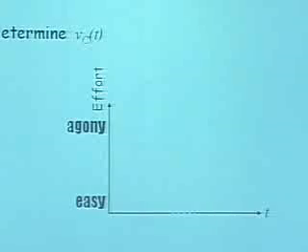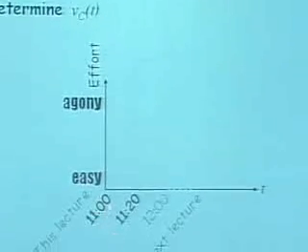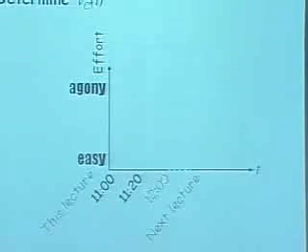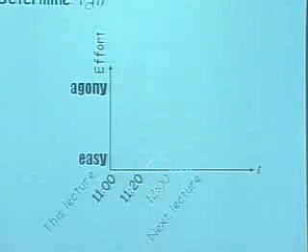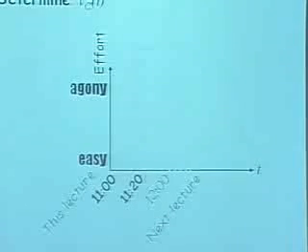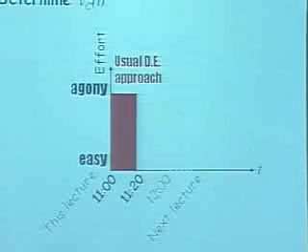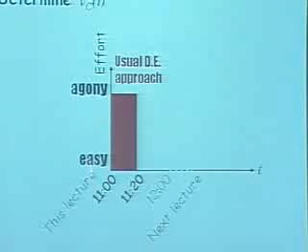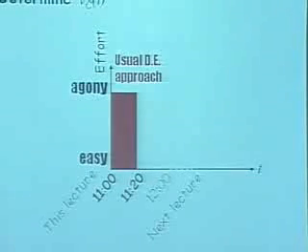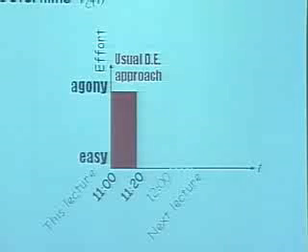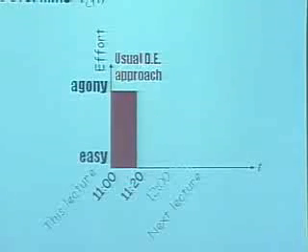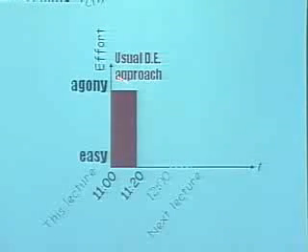This is the time axis, which starts out at 11 o'clock, the early part of today's lecture, and ends at roughly 12. That's today's lecture, and this is next lecture. What I'm going to show you today is a method that uses the usual differential equation approach, and this is going to be pure agony. If you thought last Thursday was agony, watch today. This is going to be sheer hell.